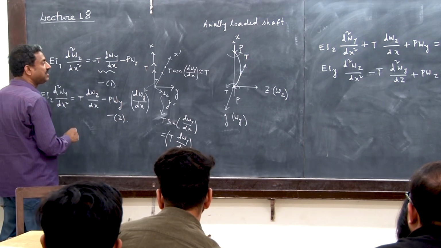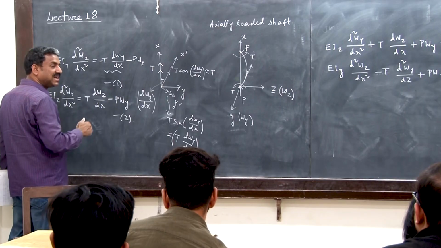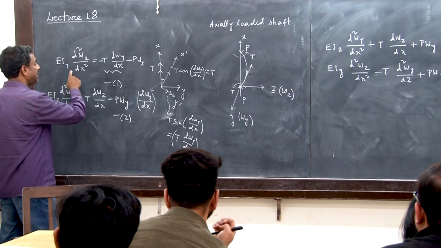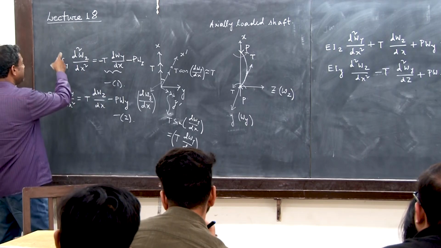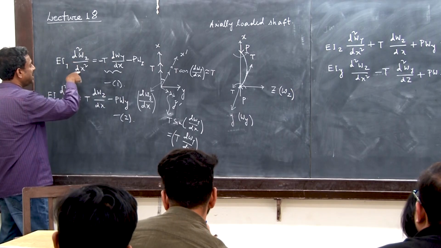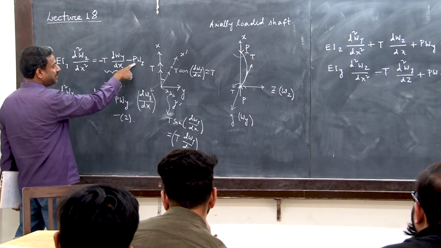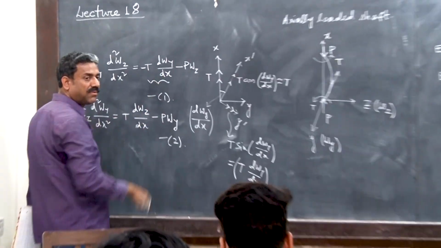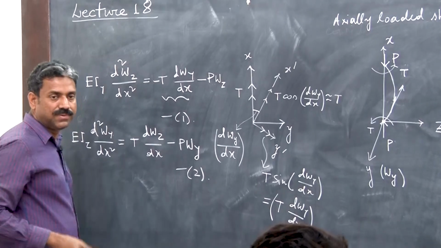So when it is bending with respect to the y axis, the deflection is along z direction, right? So EI d2W/dx2, that is fine, and then P into z, that is the contribution, and then this is the component of torque that is contributing the moment.